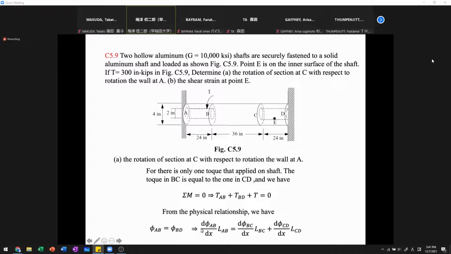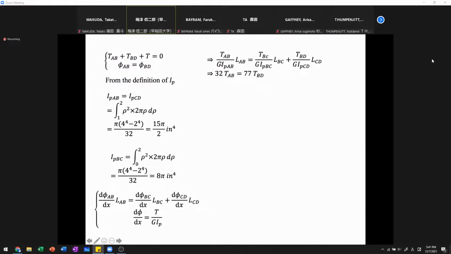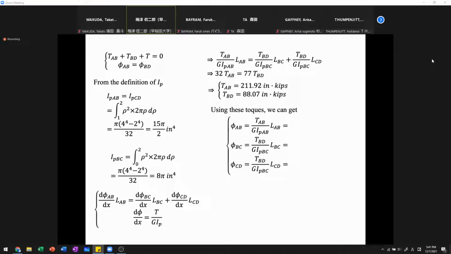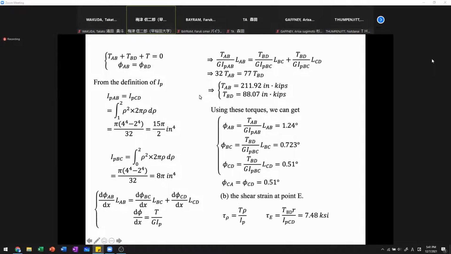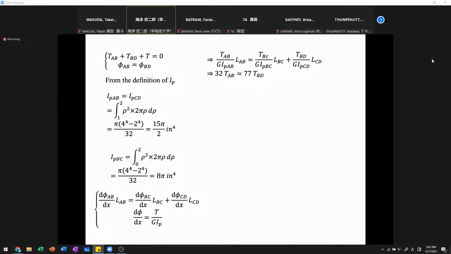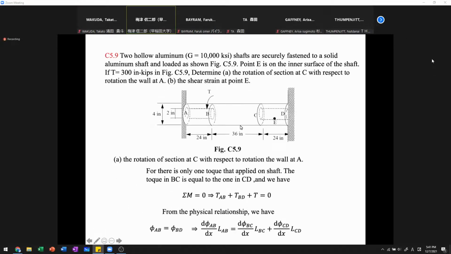So this will change like this. And TAB and TBD should be calculated from this.